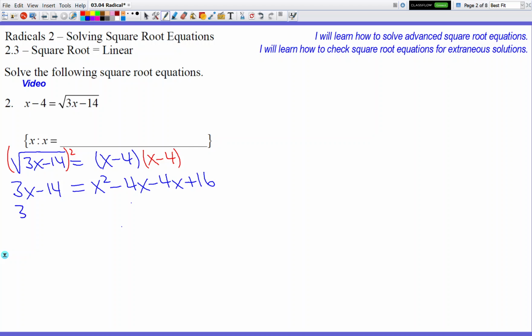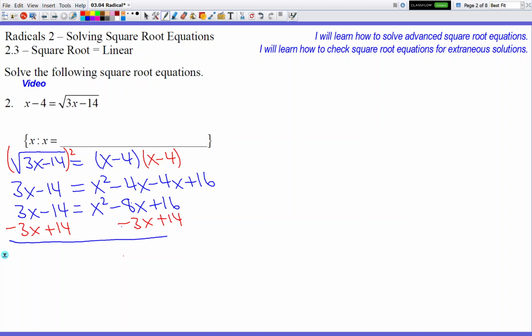Then I'm going to combine like terms on the right side, and I get x squared minus 8x plus 16. Okay, and I'm going to move my 3x and my negative 14 over to the right side. So minus 3x plus 14.